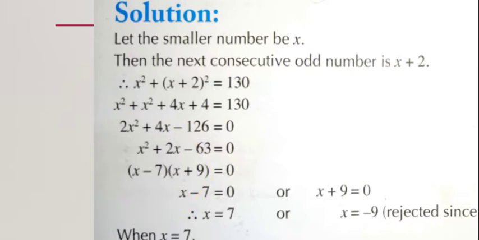What they do here is they divide all by 2, so the equation becomes simpler. So x squared plus 2x minus 62 equals 0. Yeah, you can do that to make it easier to find the factors, right?